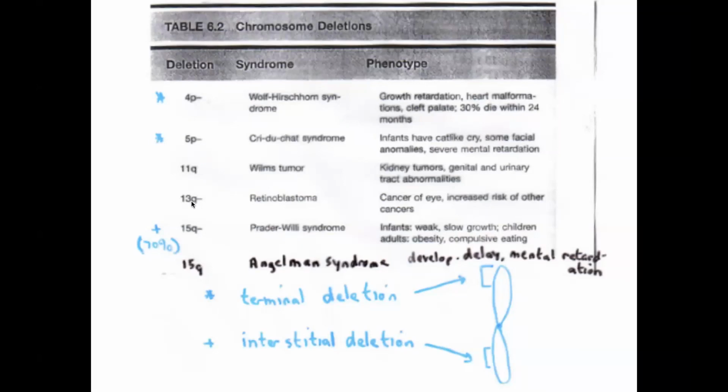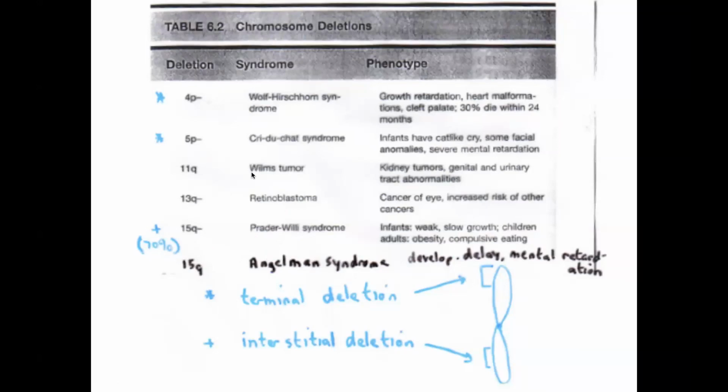Okay, so I do want to mention one set of complementary syndromes, a little bit unusual, and we can talk more about why this is later on. It's a more complicated genetic system, but there's something called Prader-Willi syndrome and Angelman syndrome. Actually, the two syndromes are caused by the same deletion, or very closely related deletions on human chromosome 15. The majority of those individuals that suffer from either Prader-Willi or Angelman syndrome have an internal deletion.